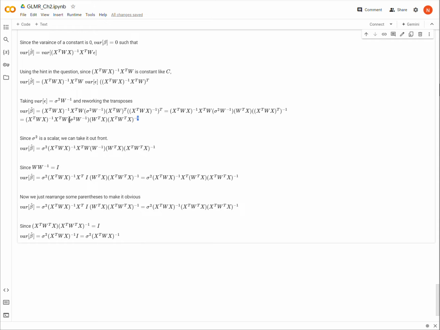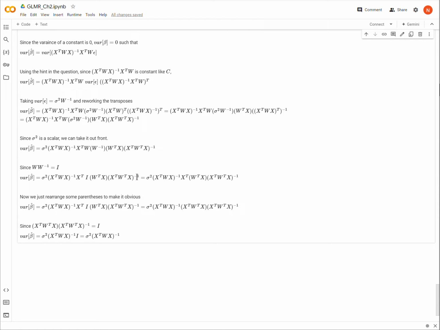Now sigma squared is just a scalar value. And when I have a bunch of matrices like this, I can move the scalars anywhere I want. So I'm going to take this scalar and put it out front of everything, and that leaves me with this expression. And then you'll notice this W inverse here in the middle. W inverse times W is equal to the identity matrix.